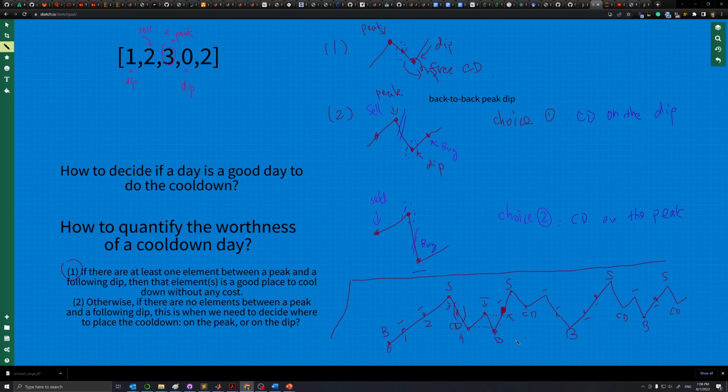Because cooldown is almost like a day when the stock market doesn't go to work, and everybody just stays at home and watches TV and whatnot. But the hard thing is to decide the days where you definitely can perform your cooldown.